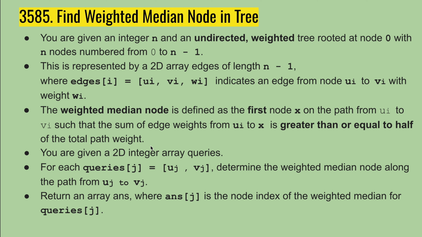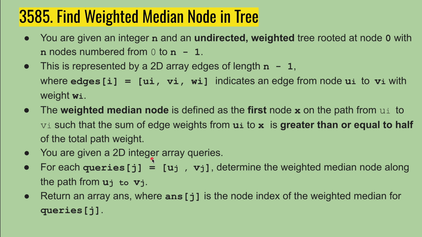So going from Bangalore to Delhi, the first node that satisfies the condition, let's say Nagpur, is the median node. We take the sum of edge weights from u to x, where x is the first node such that the sum is greater than or equal to half of the total path weight, which is total weight divided by 2.